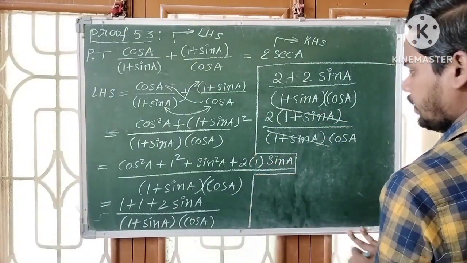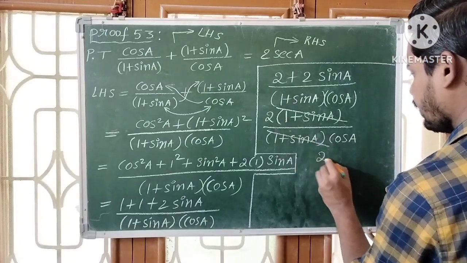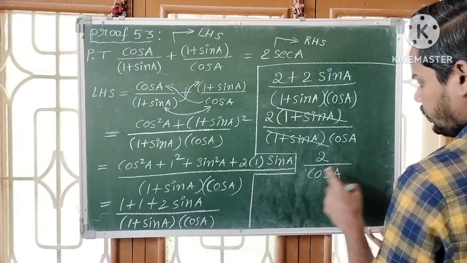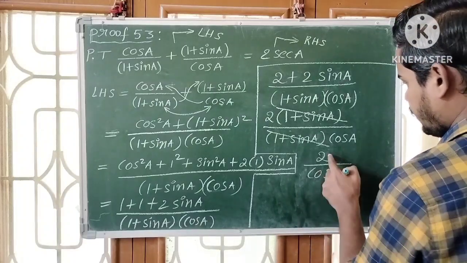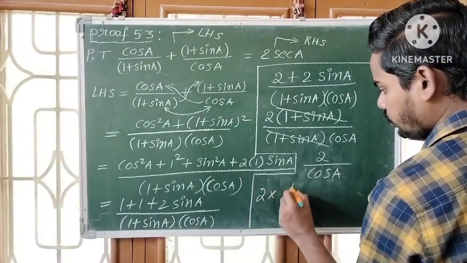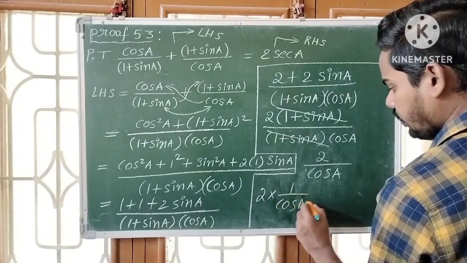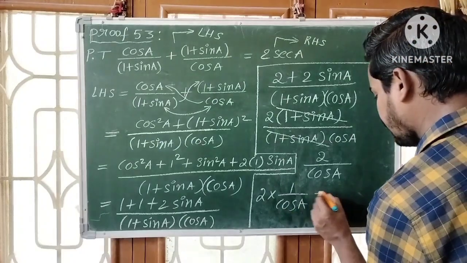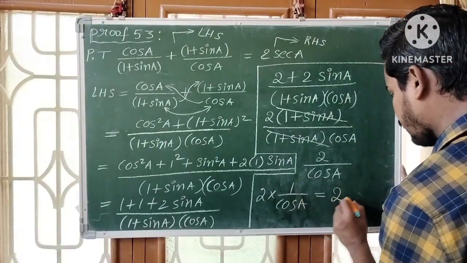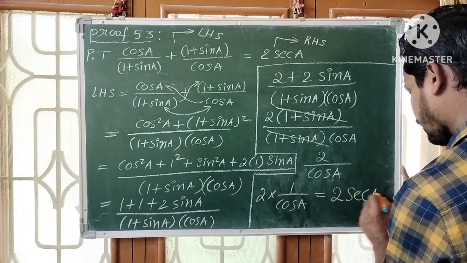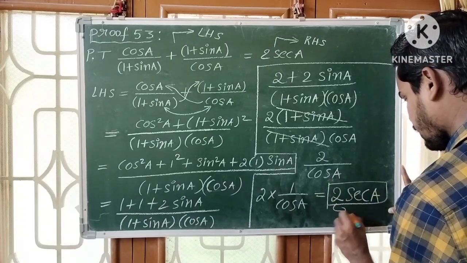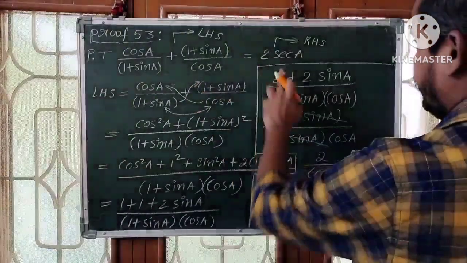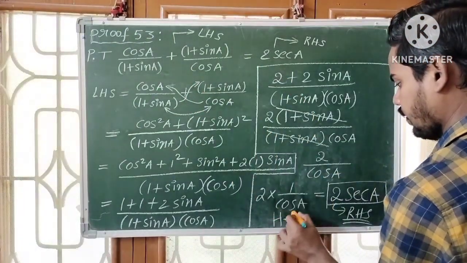At last you will get 2 by cos A, which can be written as 2 into 1 by cos A. Now 1 by cos A means what? The reciprocal of the cosine function is the secant function, so 1 by cos A means secant A. So this is RHS. LHS equals RHS. Hence, proved.